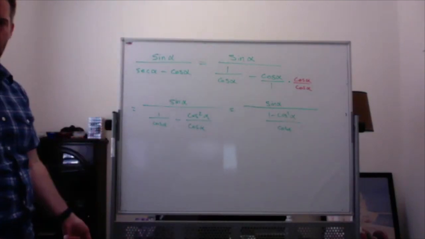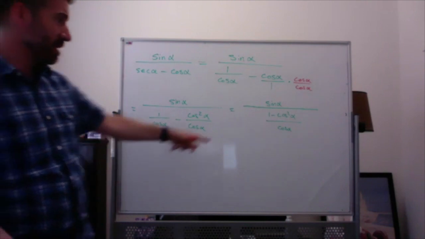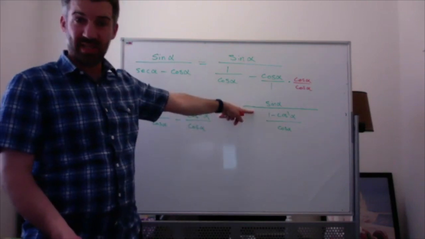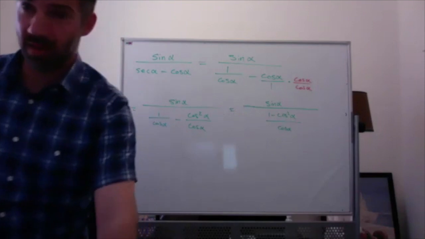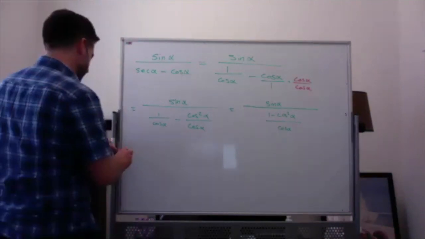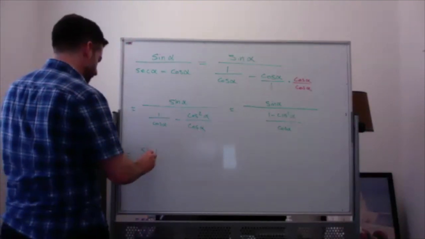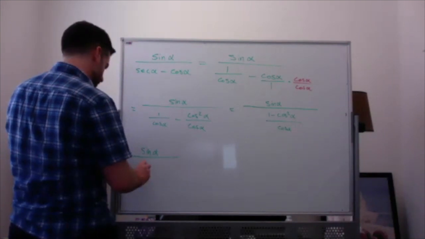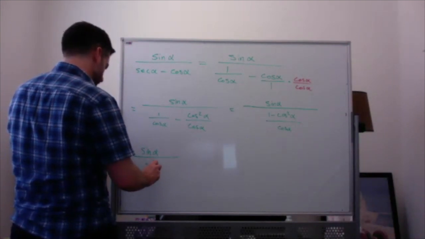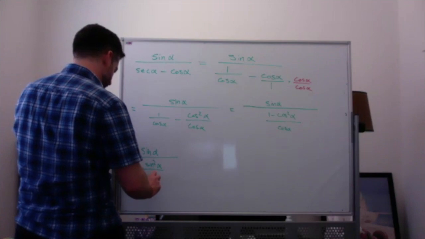Before I do any flipping and multiplying, I'm going to change 1 minus cosine squared into sine squared. All right, that's a trig identity. So I'm going to write this as sine of alpha over sine squared alpha over cosine alpha.